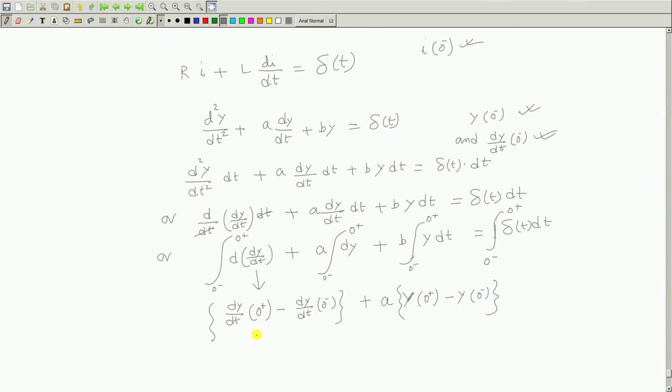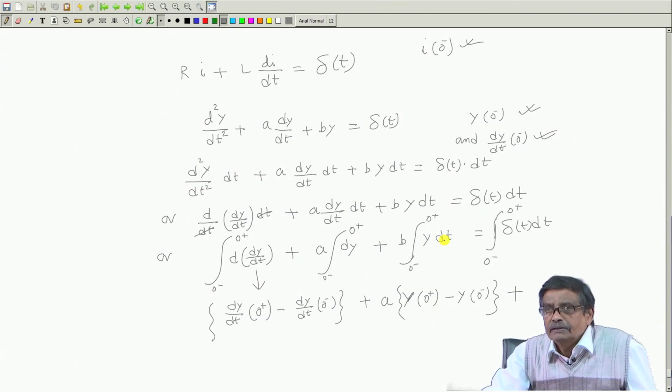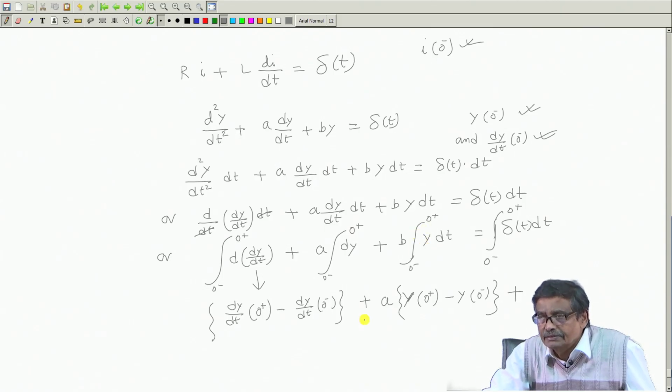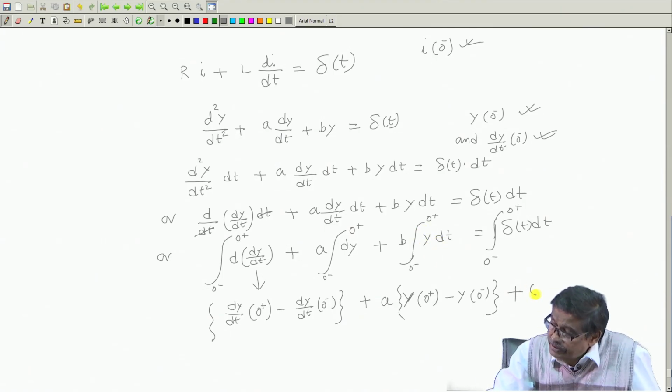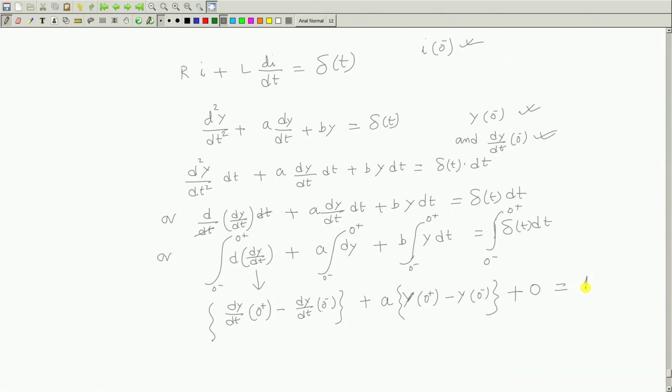And this integration y dt from 0 minus to 0 plus will be 0, because even if y changes by a step, it does not matter, dt is very small. So the functional value of y really does not change, only dt becomes vanishingly small. So, insignificant, 0, and this should be equal to 1 here.